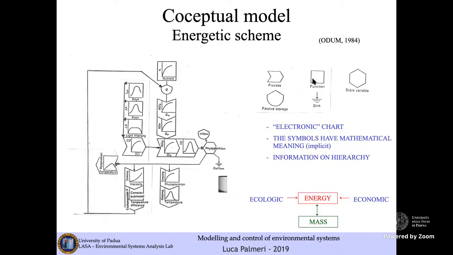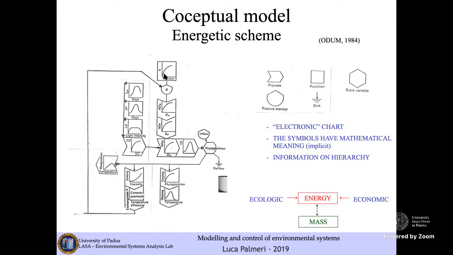For example, he uses different symbols, for example, hexagons for identifying state variables, or this kind of symbols for identifying processes, or this kind of symbols to identify storages, and sinks, a box to identify functions.